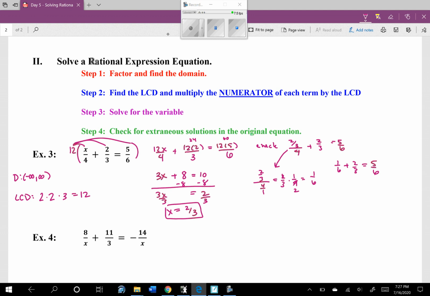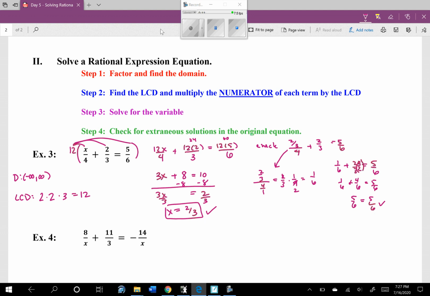We have to get a common denominator, which of course would be 6, so I'm going to multiply this by 2/2. That gives us 1/6 plus 4/6 equals 5/6. Combine the numerators over my common denominator, so 5/6 is equal to 5/6, so it checks out. So that means this works.